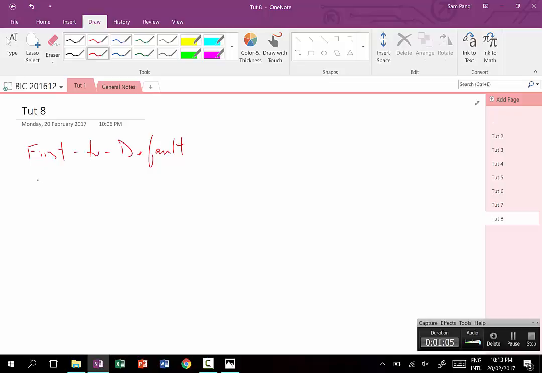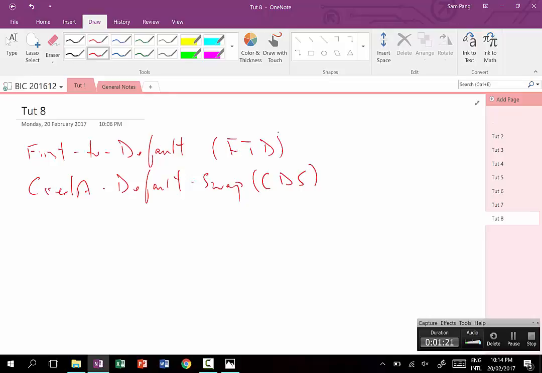I want to talk a little bit about the credit default swap first, okay? The short form for that is CDS, and first to default basket is sometimes called the FTD.